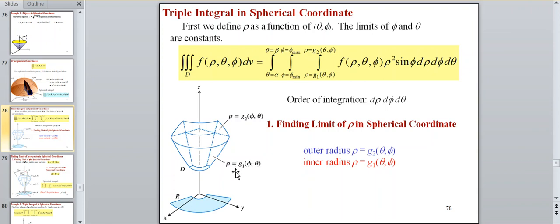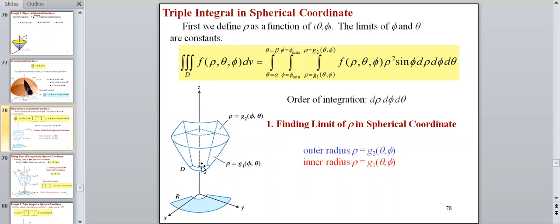Do you remember, when we are using Cartesian, we have a lower surface and upper surface as a function of x and y. So here we have two surfaces, one nearer to the origin, let's call it inner radius, and the one further from the origin, let's call it outer radius.